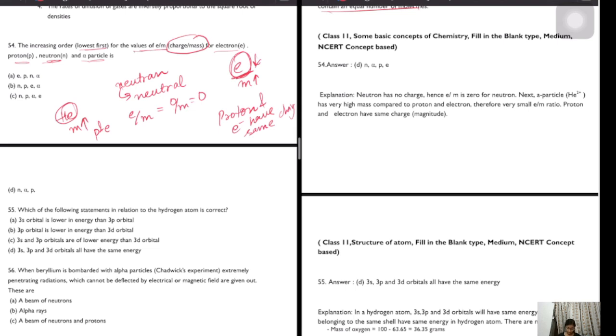I'm talking about the magnitude. So what would be the correct answer? N, alpha, P and E. That is this, right? Because we had neutron, then alpha, and then P and E. The increasing order, lowest first, goes from 0 to e by m a bit lesser for alpha, and then P and E have the same.